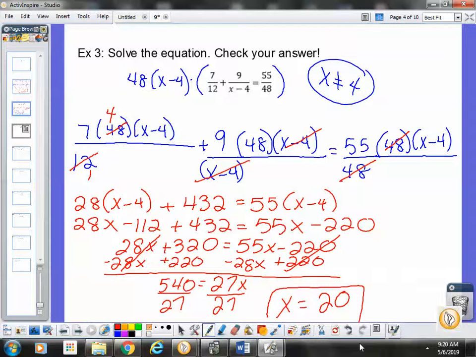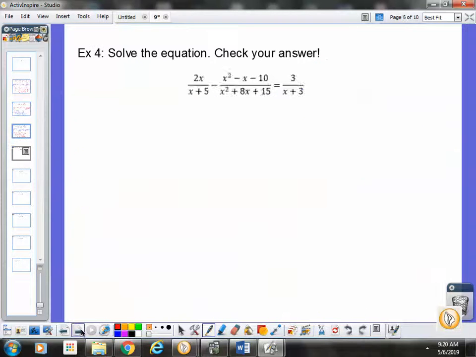Let's do one where we might have a quadratic equation involved. Let's do this one. Go ahead and copy this down, please. 2x divided by x plus 5 minus x squared minus x minus 10 over x squared plus 8x plus 15 equals 3 divided by x plus 3.